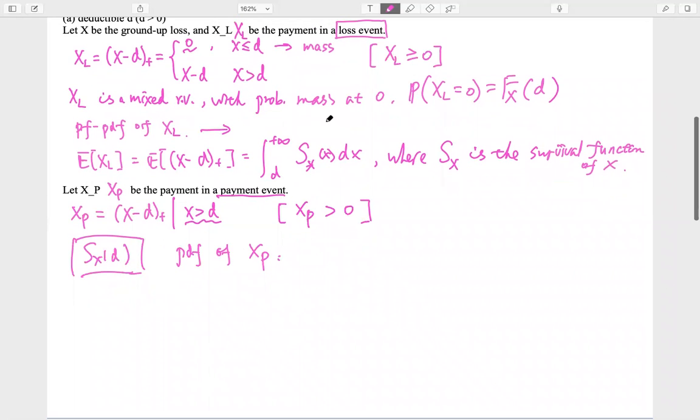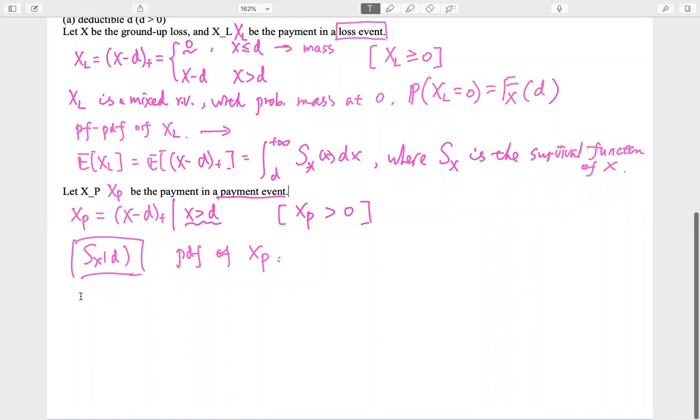The second one is policy limit. We use U to denote it, and usually U is greater than 0. First, there are two things you need to know. It can be U, always capitalized.